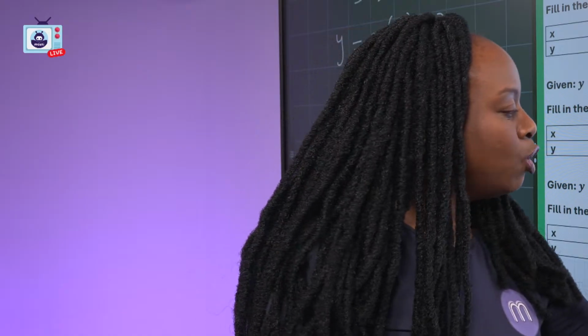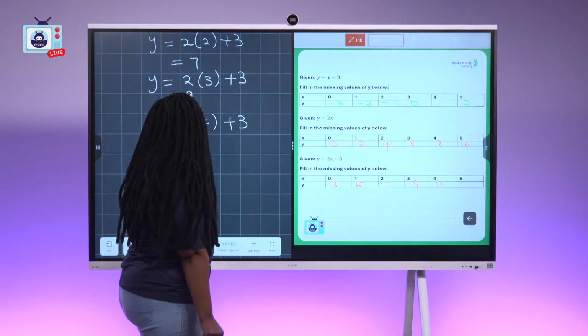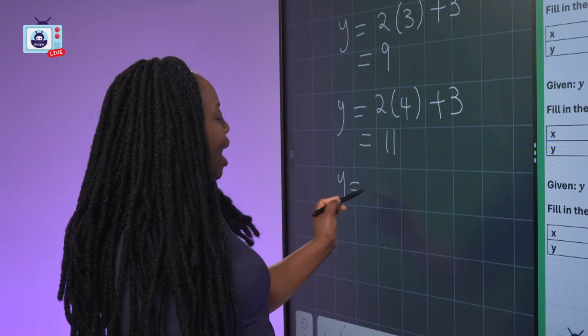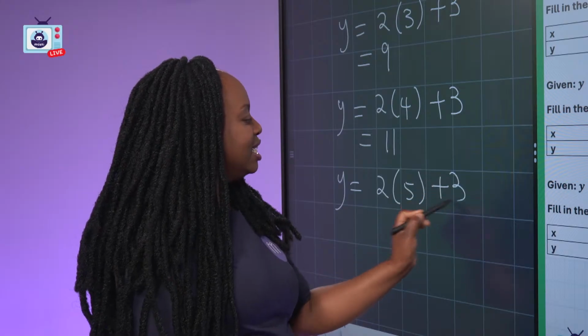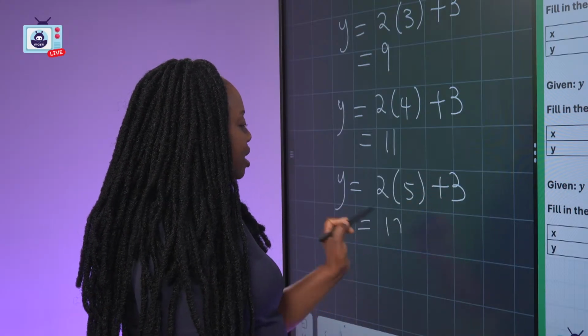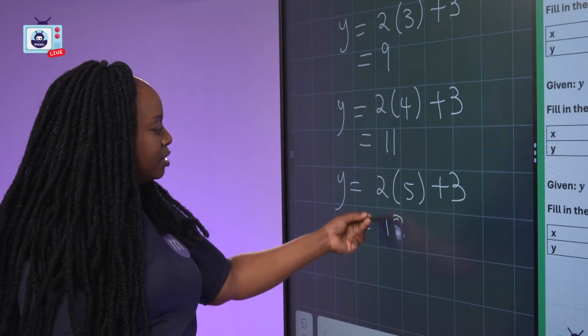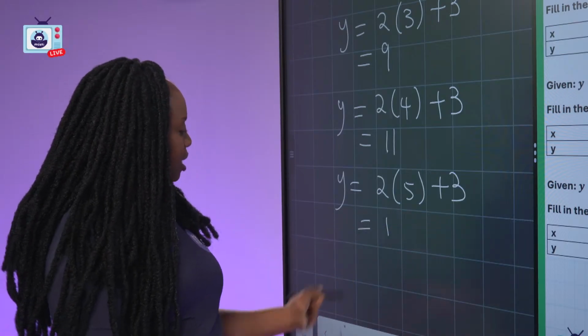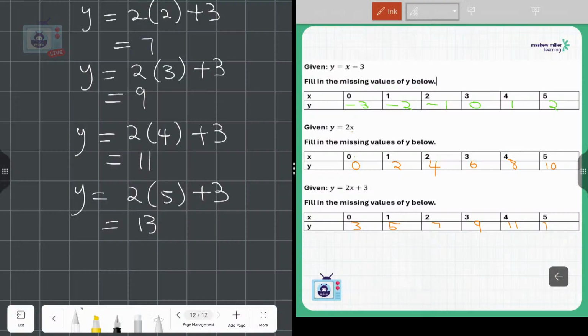So you can see it's more like we are adding by 2 as we go on. Y equals 2 multiplied by 5 plus 3. That gives us a 10. That gives us a 13, right? So it's 10 plus 3. That will be a 13. So we just write it like that.